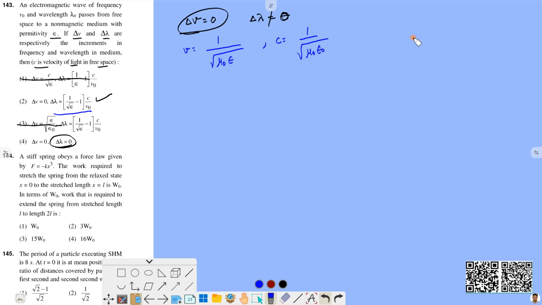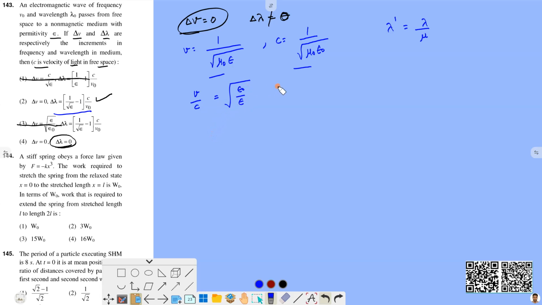Now we know that when light changes medium, then its lambda dash or the new wavelength becomes lambda divided by mu, where mu is the refractive index. So let us divide these two terms. If we divide here, we will get V by C is equal to under root epsilon naught by epsilon.